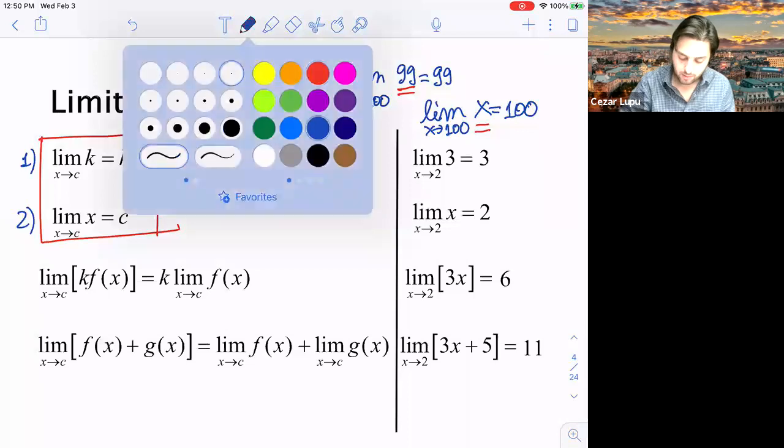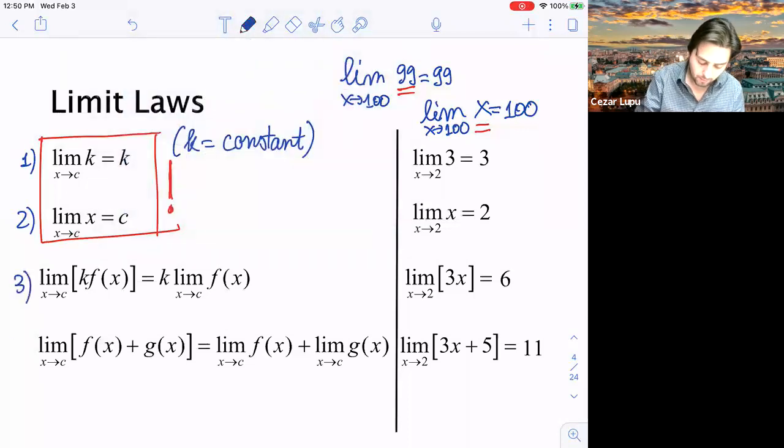So the third one and the fourth one, as you can see, we multiply a constant k by a function f.